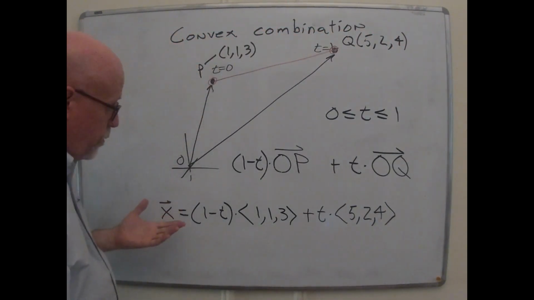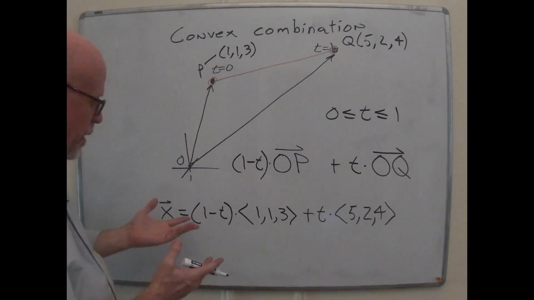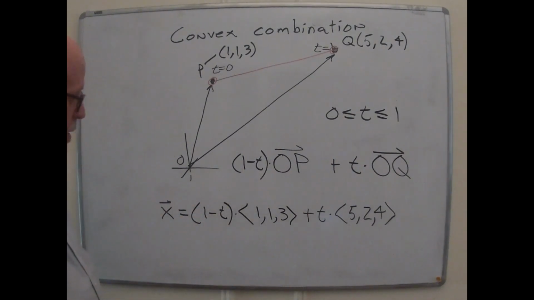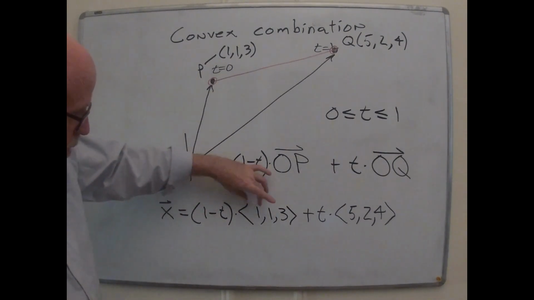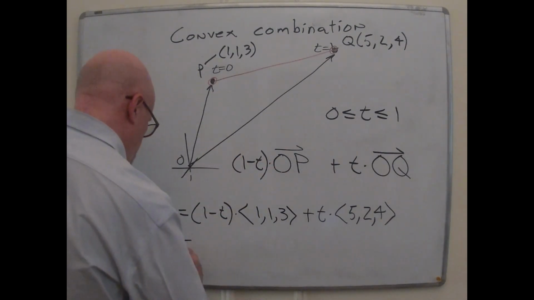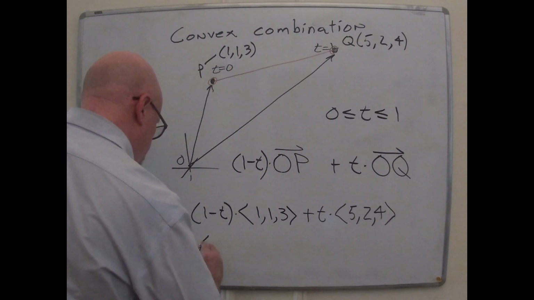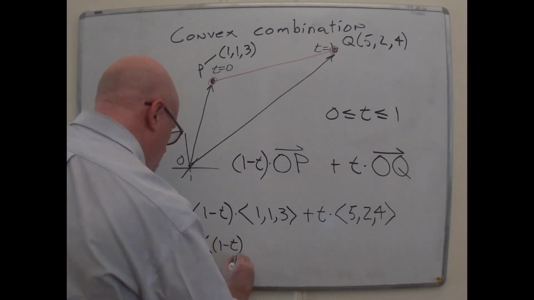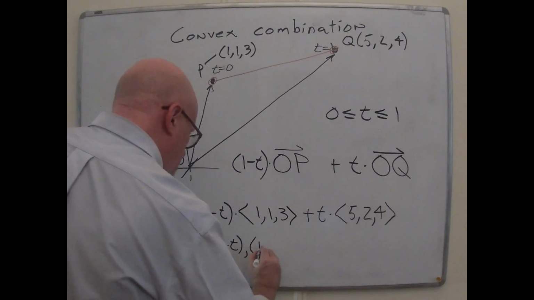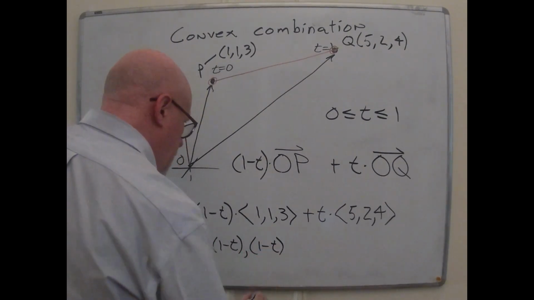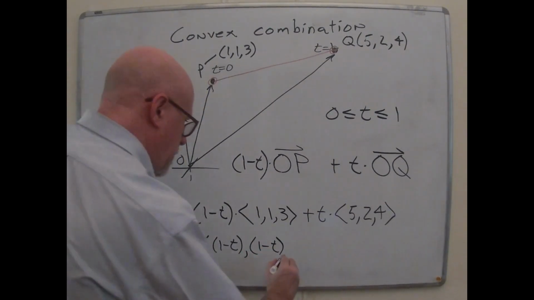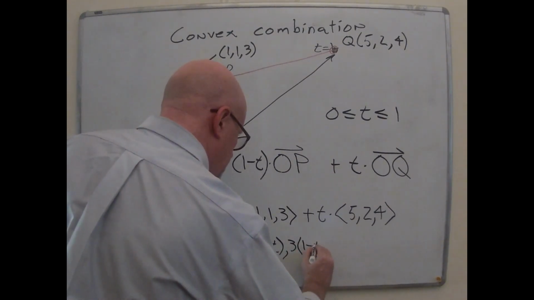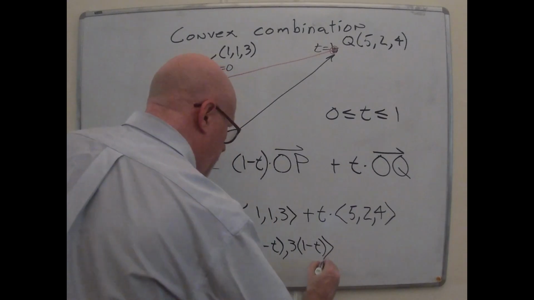Like before, just because there are variables in it, don't let that scare you. You can still do scalar multiplication, which just means distributing the variable into the parts. So we do it in 2 stages: 1 minus t, 1 minus t, and 3 times 1 minus t. That's what's in our first vector.